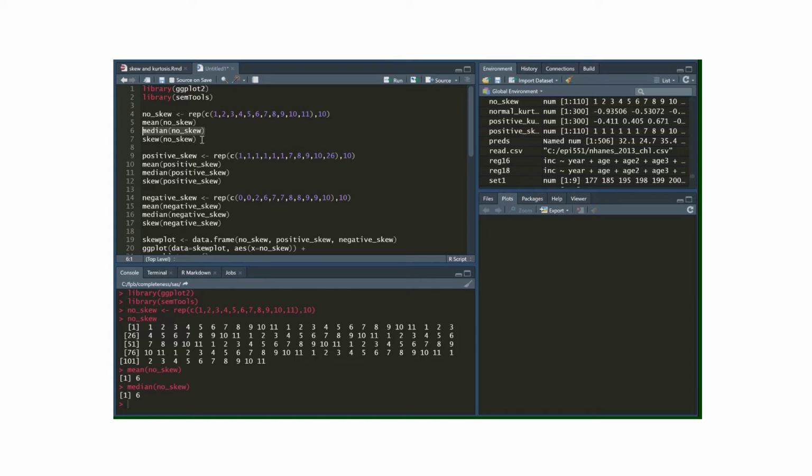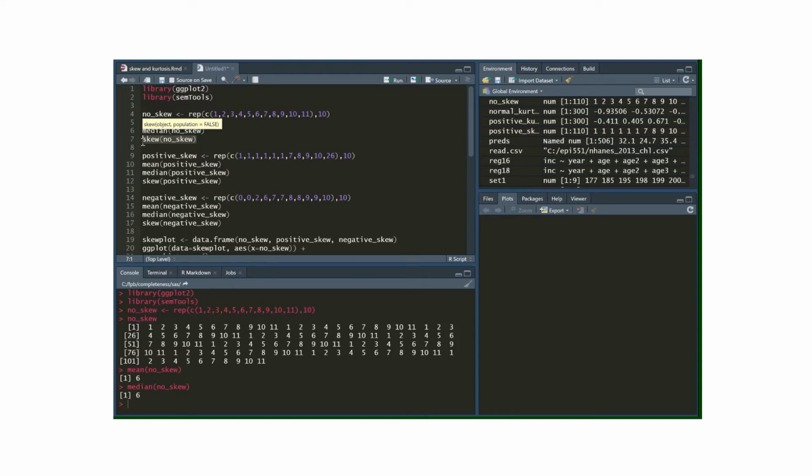6. And then the skew function, which calculates a statistic based on how much the data is skewed to the left or to the right. And so that means are most of the values below the mean or most of the values above the mean. Obviously, with the median, by definition, half are above and half are below.